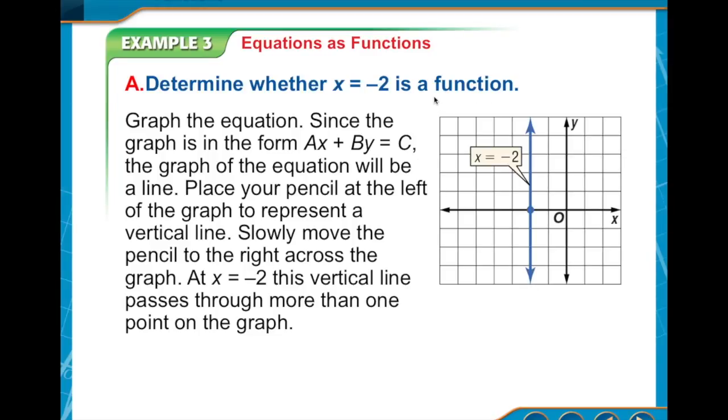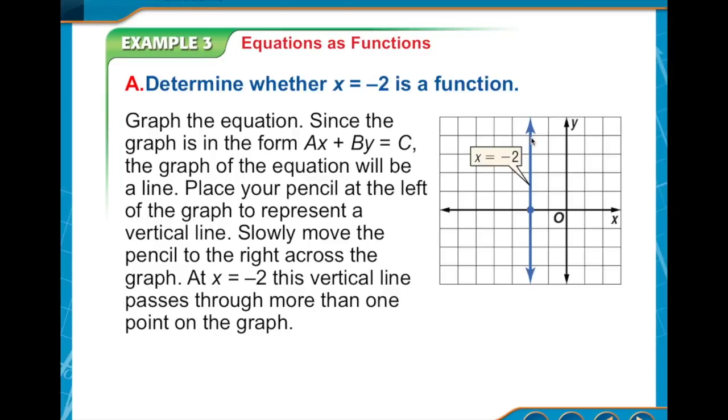We want to know, is this a function? In other words, when I'm looking at the graph here, does this pass the vertical line test? If I take a vertical line and drag it across this graph, when it touches, is there ever a point where it touches our line at more than one point at the same time? Well, of course it would.